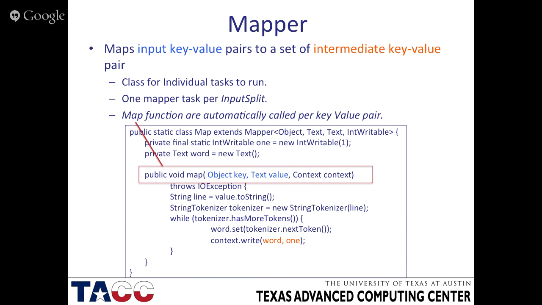The input key value pairs, which I colored in blue here, are the input to your map function. The context is a system mechanism for handling the intermediate input and output. The intermediate key value pairs you generate, which I'm coloring orange here, are the ones you write back into that context object.